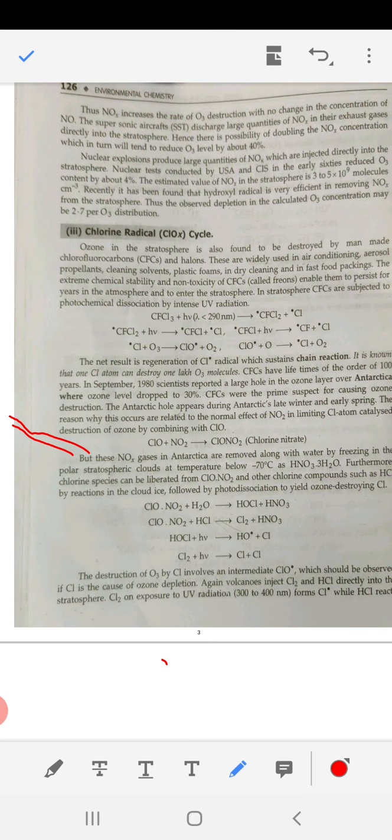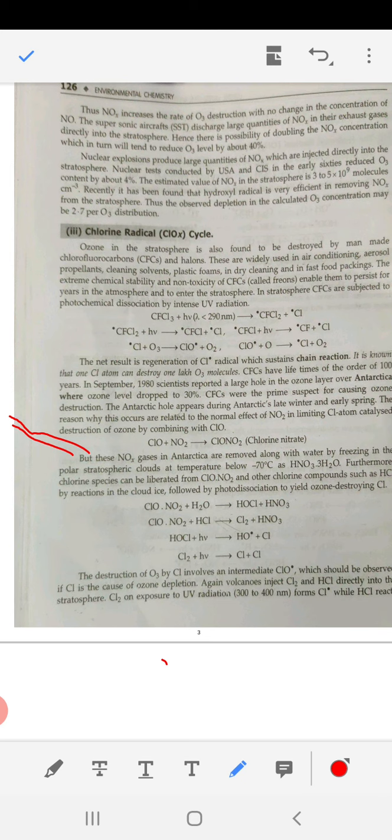But these NOx gases in Antarctica are removed along with water by freezing in the polar stratospheric clouds at temperatures below minus 70 degrees centigrade as HNO3.3H2O.